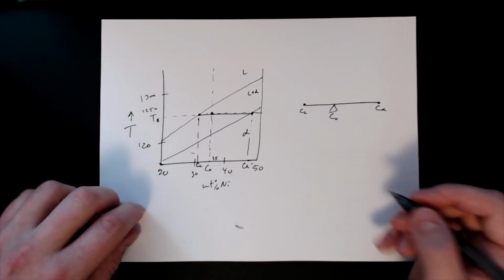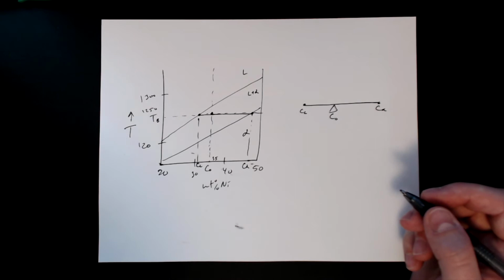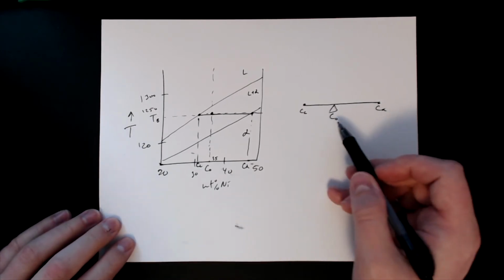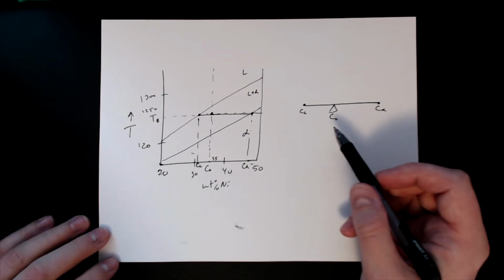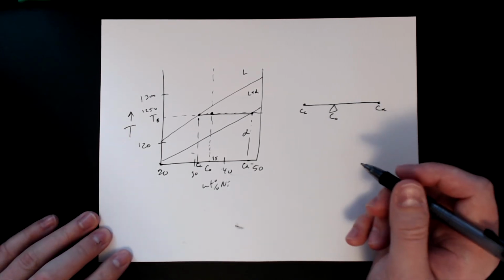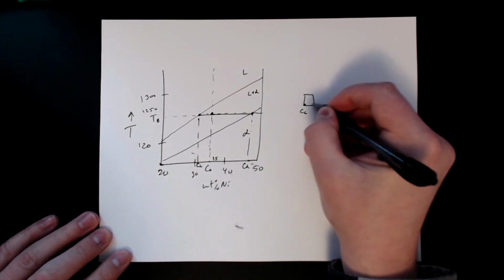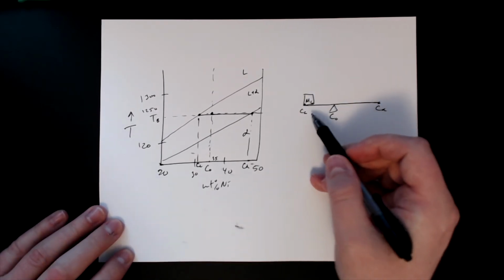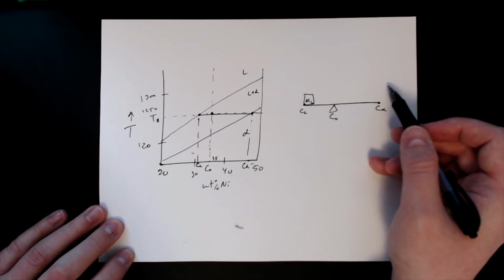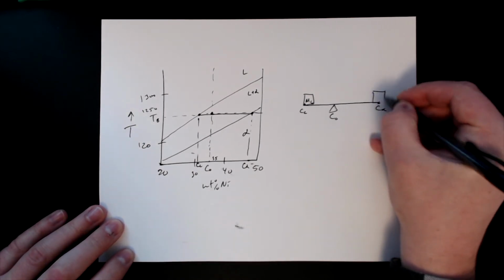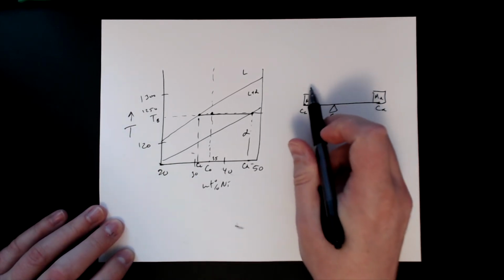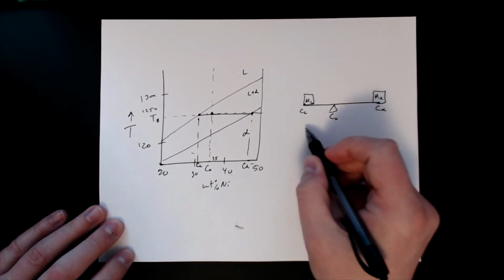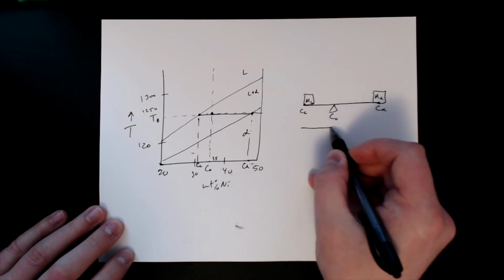You can think of it as a teeter-totter on the playground. If you put a mass of liquid, M_L, on this side, it causes the other side to raise up. And if you put a mass of the alpha on this side, it would cause this to raise up.